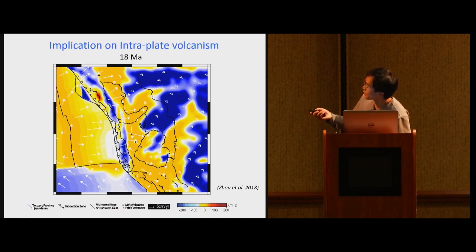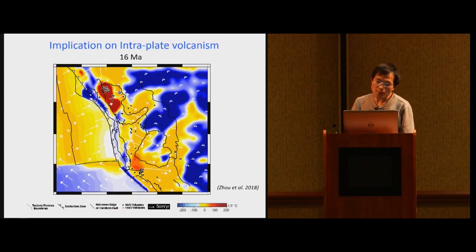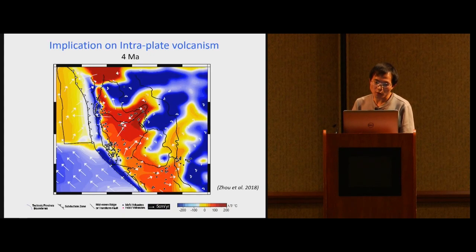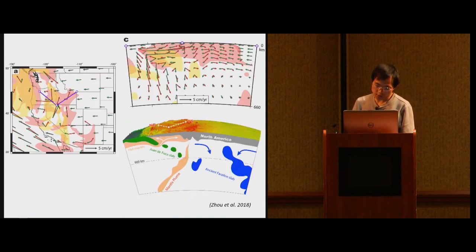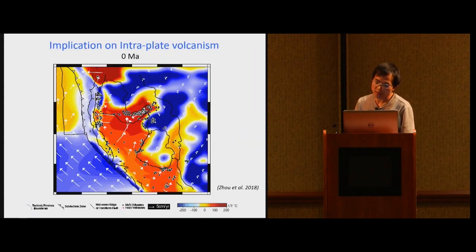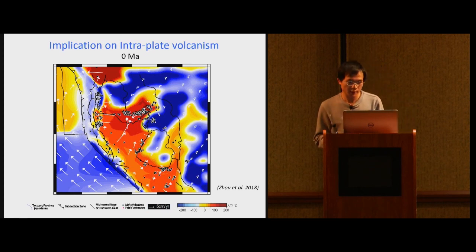The black dots here are the reconstructed volcanism backward in time, and this map is for 40 kilometers deep, so it's very shallow in the mantle. And as you can see, the hot mantle evolution could roughly follow the evolved eruption of volcanism observations. So we think our model could predict the intra-plate volcanism for the past 16 million years in the western US.